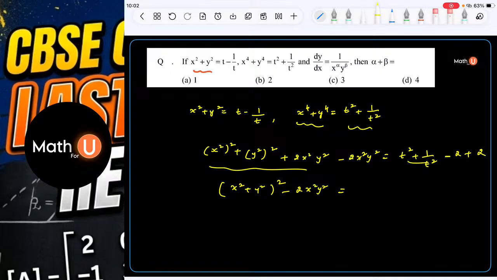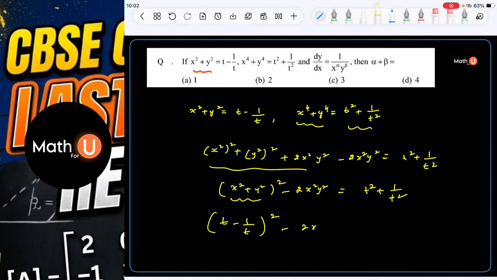I will keep the right side as it is, t square plus 1 by t square. In place of x square plus y square, I replace t minus 1 by t whole square, minus 2x square y square, equal to t square plus 1 by t square. Next, applying a minus b whole square, we get t square plus 1 by t square minus 2, minus 2x square y square, is equal to t square plus 1 by t square.